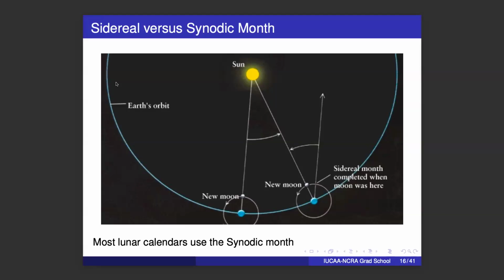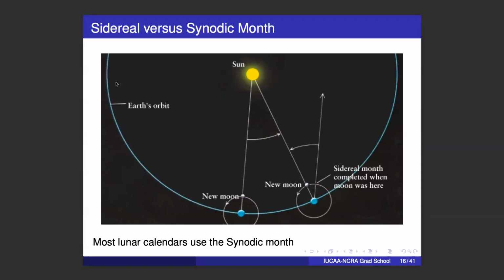Again, here the direction of revolution and the direction of the rotation of the moon, everything is in the same direction. Remember, the moon is also tidally locked.